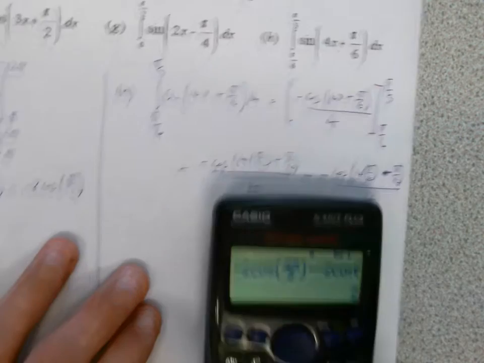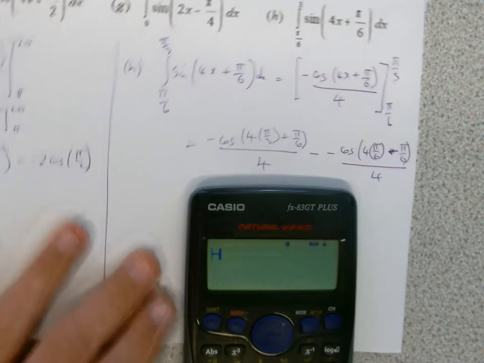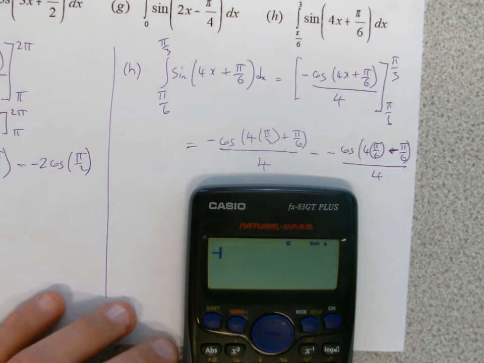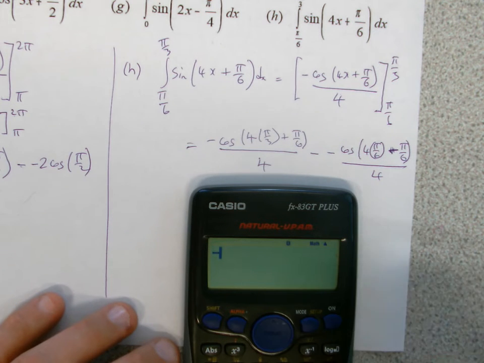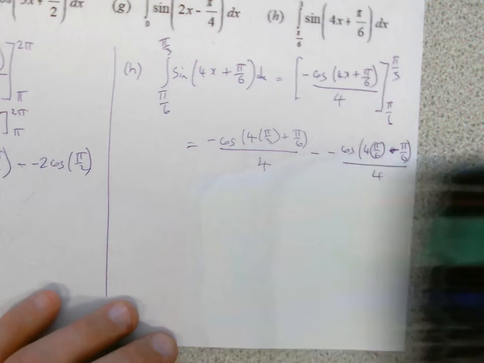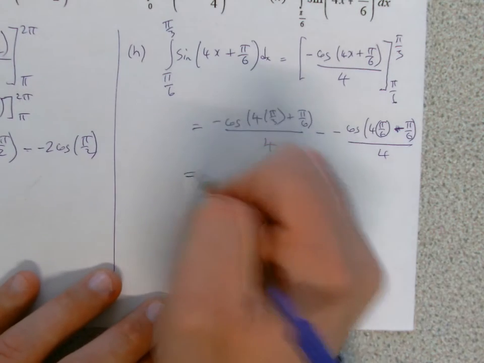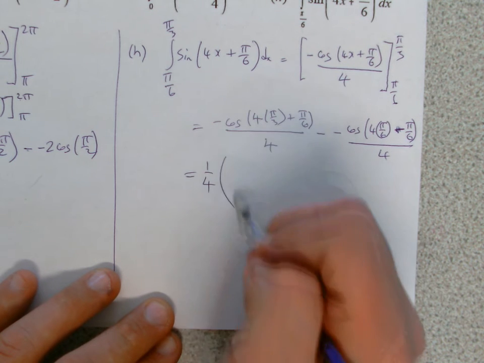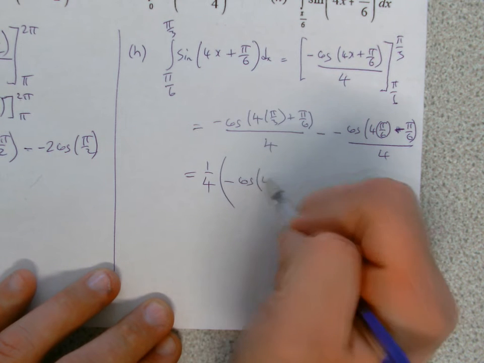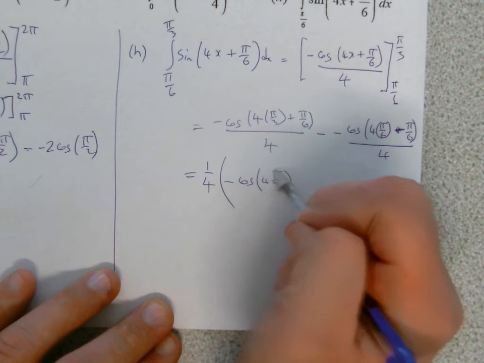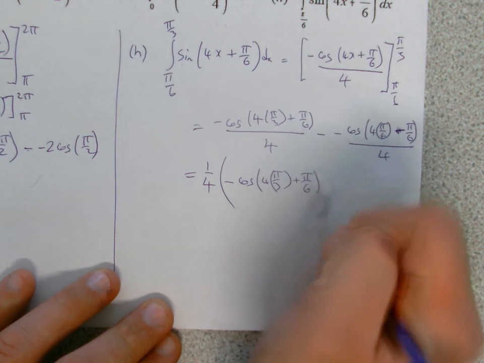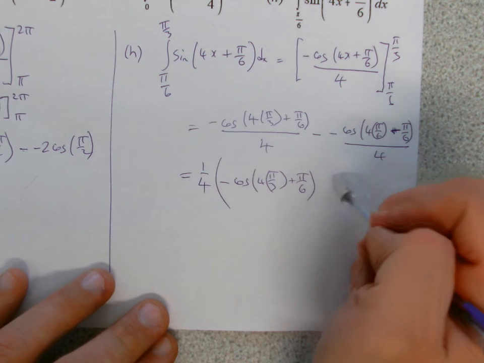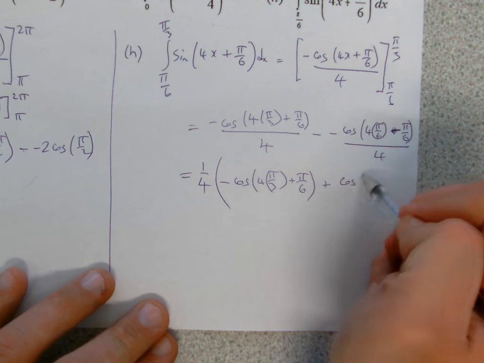So let's get my calculator. I tell you what, it'll be easier to type it in if I take a quarter out. Just take a quarter out, and then I've got minus, well, minus there becomes a plus, so I can change that already.